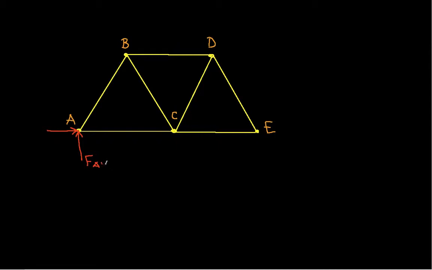And FAX. And then here we have an FEY. And at the center of the truss we have a 1 kilonewton load. And again, each of the members of the truss is 1 meter long.